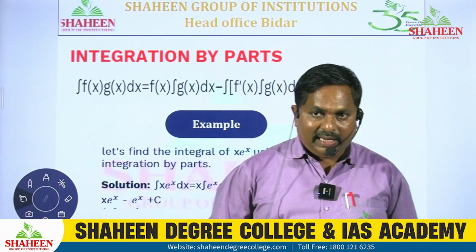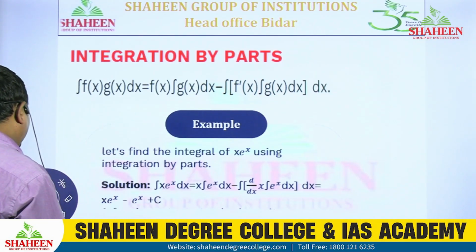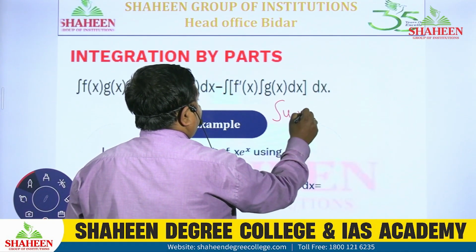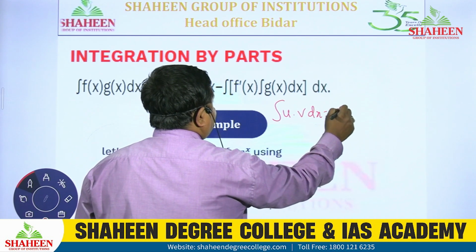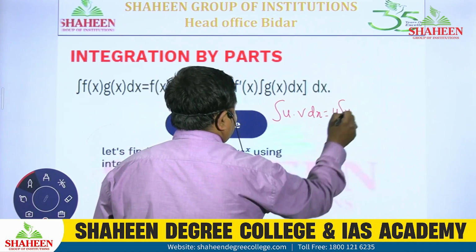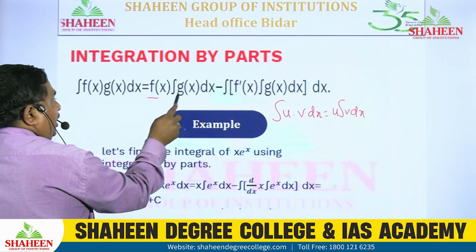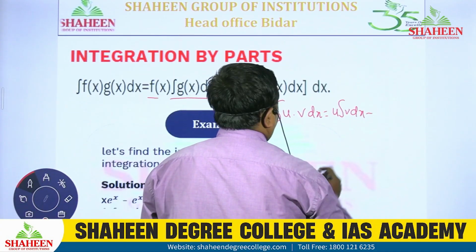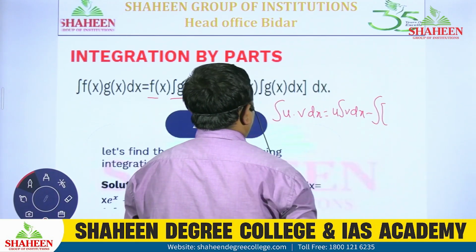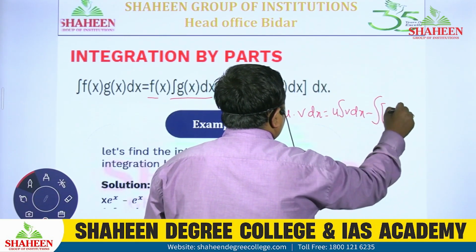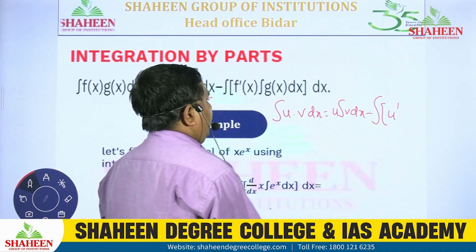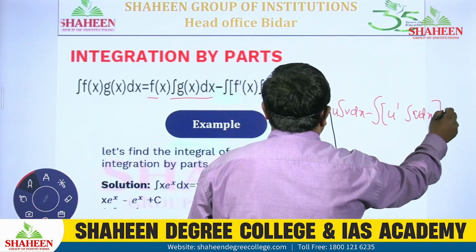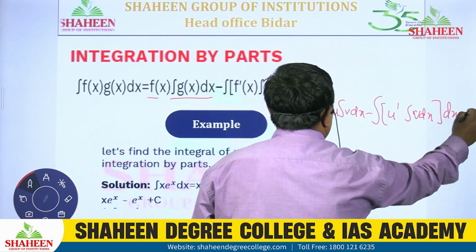We can also write the formula as: the integral of u v dx equals u as it is times the integral of v dx, that is f(x) times the integral of g(x) dx, minus the integral of u dash, the derivative of u, times the integral of v dx, into dx, plus c.